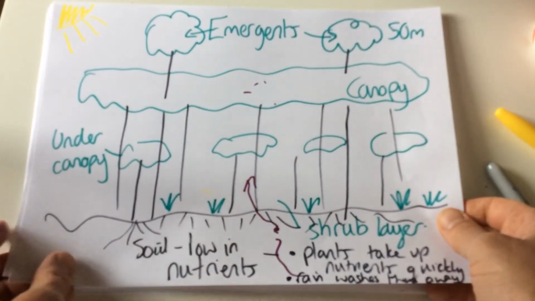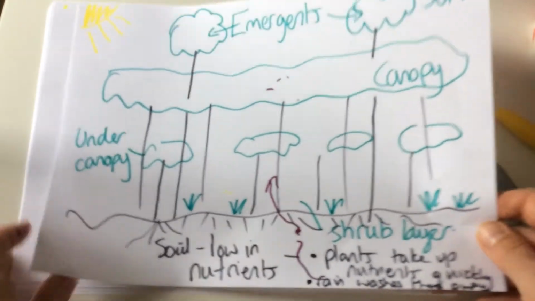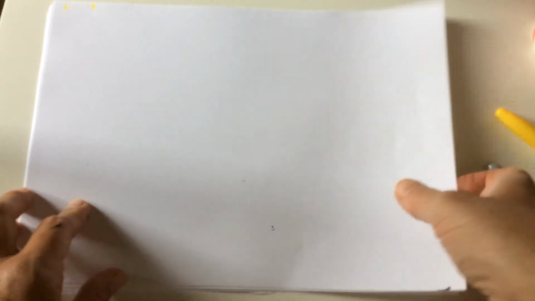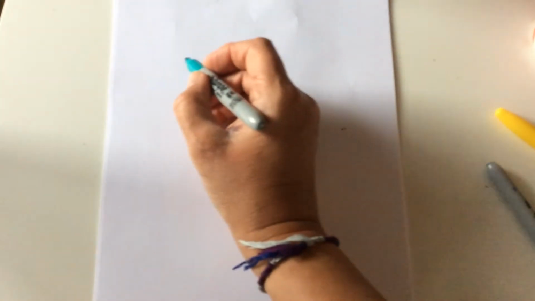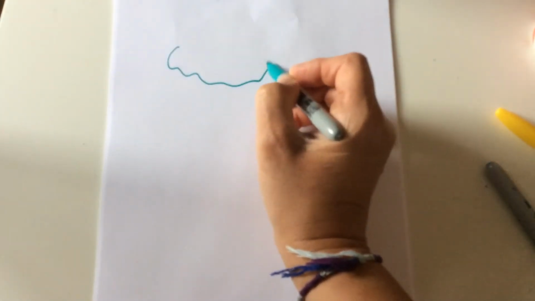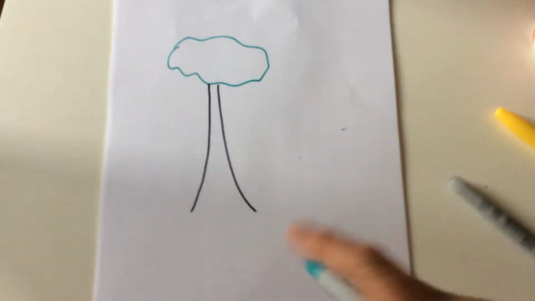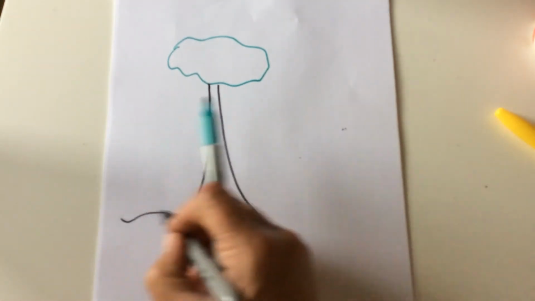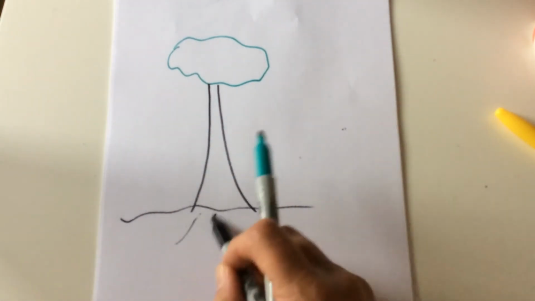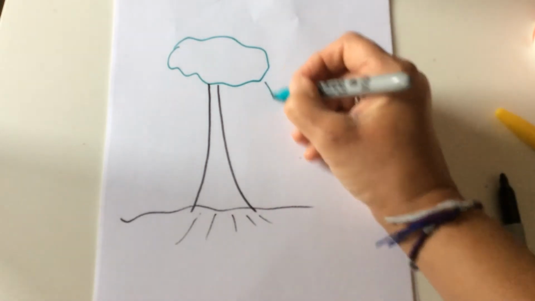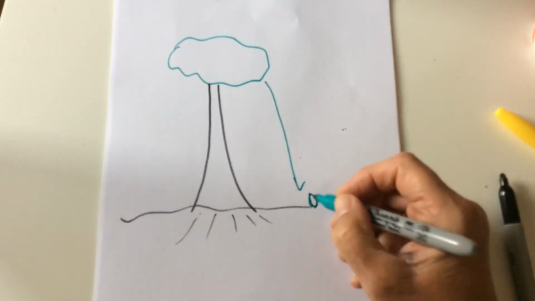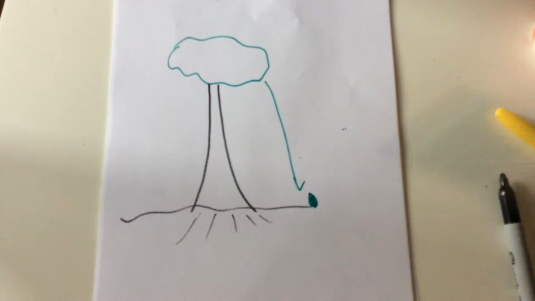Okay, so that covers the thin, poor quality soils. Now let's talk about nutrient cycling. Another key thing about the tropical rainforest, and I'm going to keep this simple and not do all the layers, is that there's my tree, and I'm going to give it some buttress roots. The leaves are constantly falling off the trees, because they don't have an autumn and a winter and a summer.